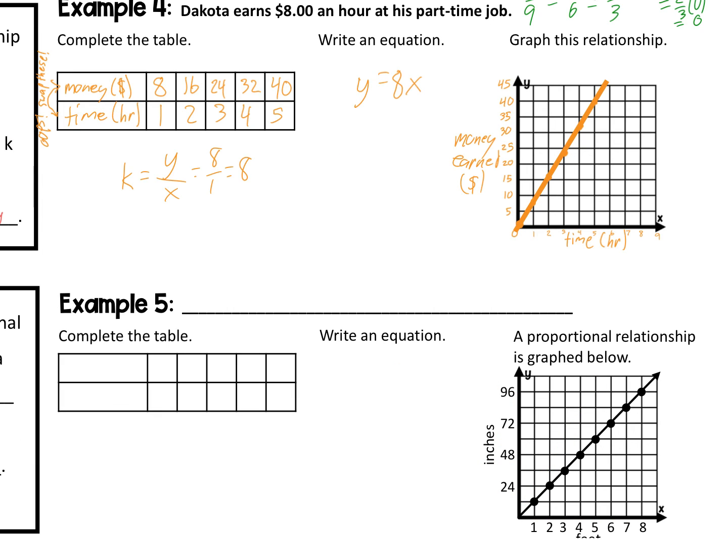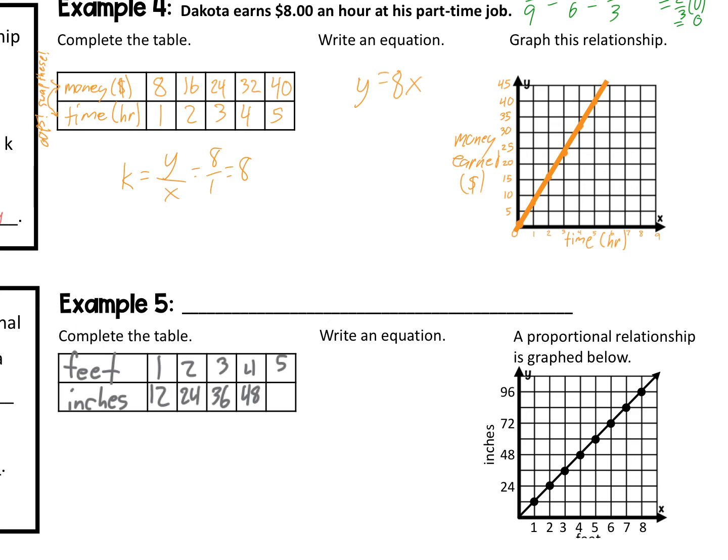For the last example, we are given a graph, and we have to figure out the word problem, table, and equation. Notice how we have inches on the y-axis and feet on the x-axis. If we plug in the values from our graph into our table, we get 1 foot is 12 inches, 2 is 24, 3 is 36, and so on.